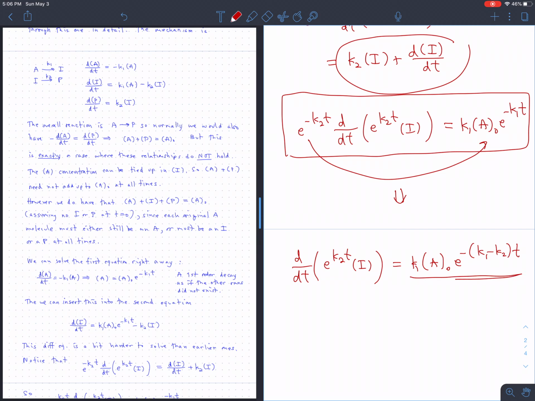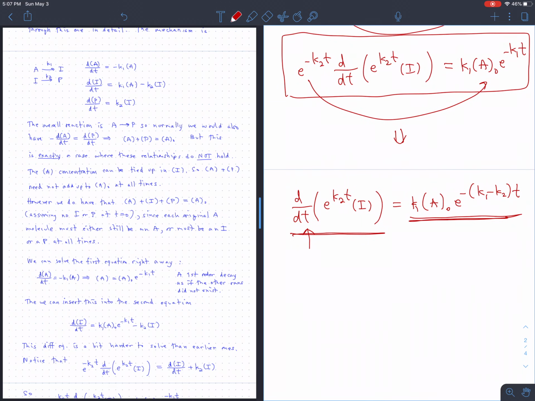And now we have nothing but time stuff over here, and everything over here is just a time derivative. If I integrate both sides, I get e to the K2t times I, that's the integral of this side, which is already a time integral, equals K1 times A0, the integral of e to the minus K1 minus K2 t dt, plus a constant.